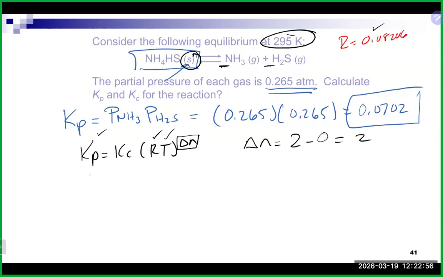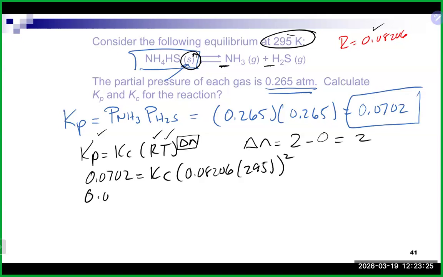Popping in our numbers here, 0.0702 equals Kc times (0.08206 times 295) squared. Just cleaning up the right-hand side, what's in the parentheses, 0.08206 times 295, and then I'm going to square it on my calculator. There it is.